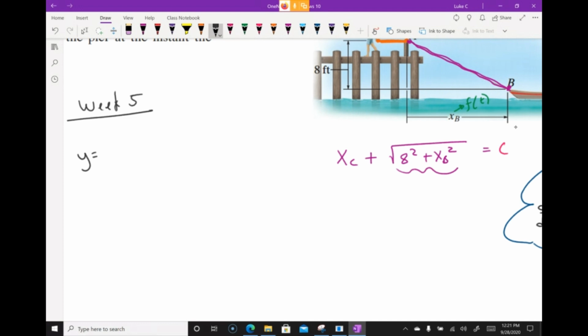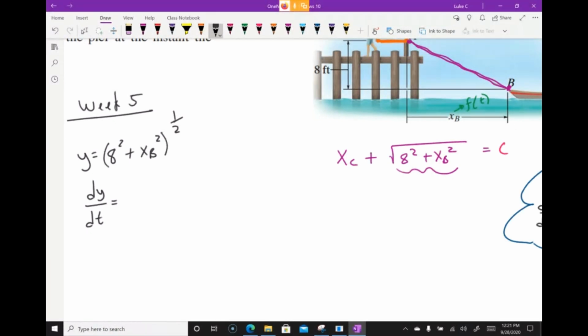So let's call y 8 squared plus xb squared, raised to the 1/2, which is the same as the square root. So dy dt: if we want to take the derivative of y with respect to time, we have to use the chain rule because we don't have time involved in here.